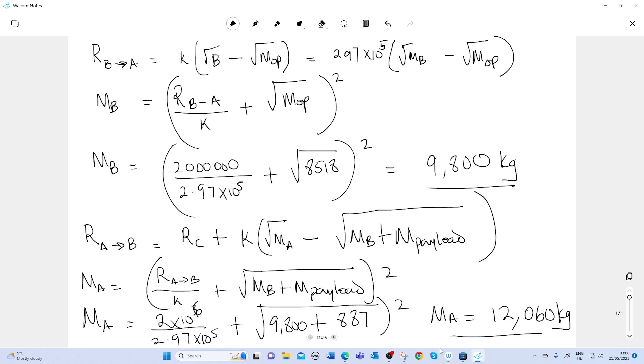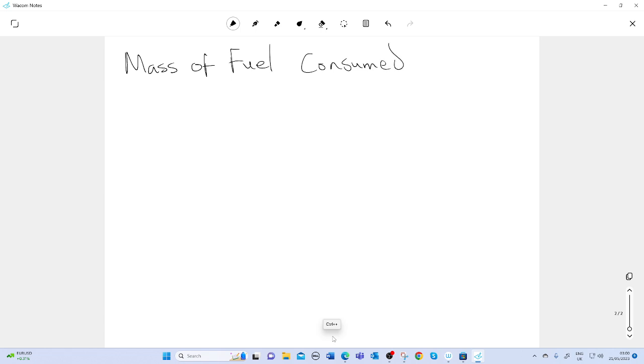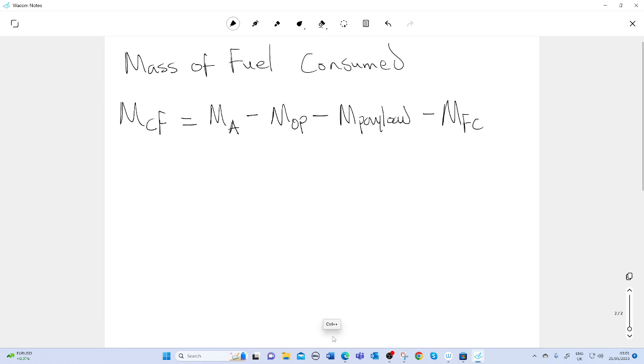Now that we have the masses of the MOP, the mass at A, and the mass of the payload, we can deduce that the mass of fuel consumed equals the mass at A minus the operational mass minus the mass of the payload minus the mass of fuel for the climb.